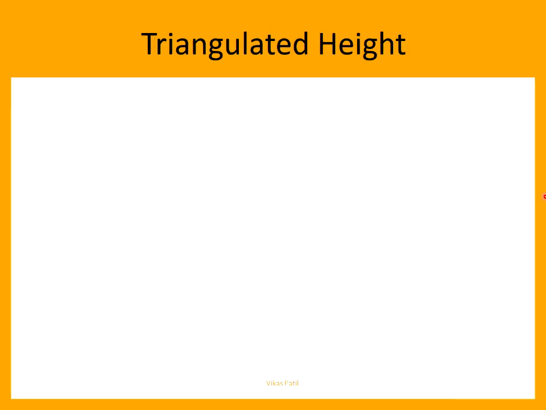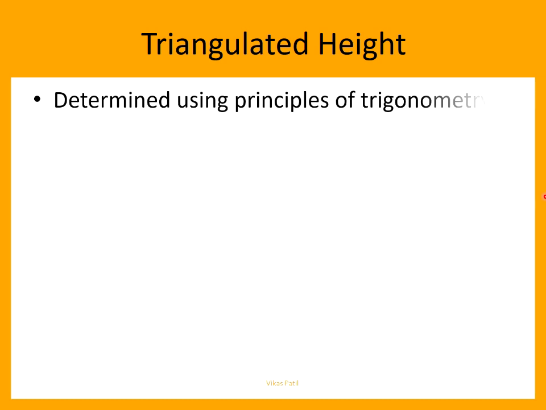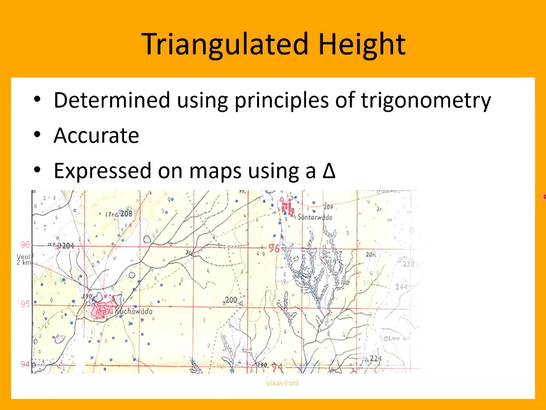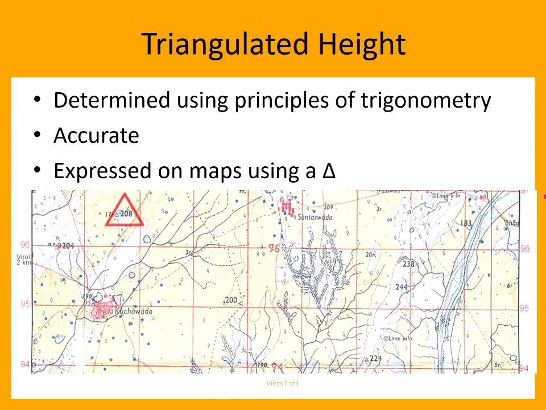By using this method, the first type of height that is shown on the topographical maps is triangulated height. This is very accurate and it is expressed on maps using a symbol of a triangle. Let's see a couple of examples. Here on this extract you can see triangle 208 and triangle 224.